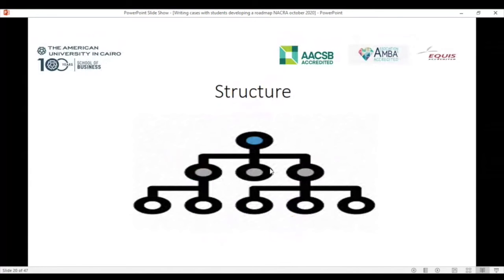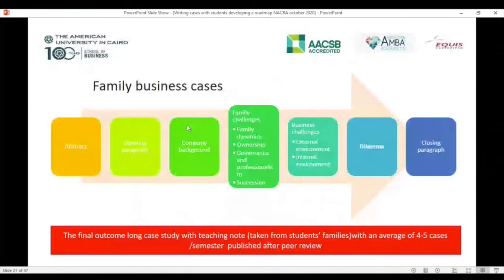There are also guidelines related to structure. The structure of family business cases differs from entrepreneurship, differs from corporate, differs from long strategy cases. So the structure is mentioned to the students in advance, before the beginning of the course.